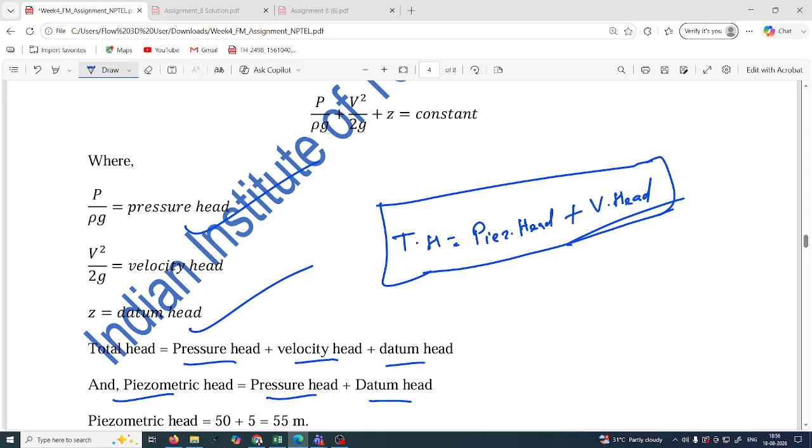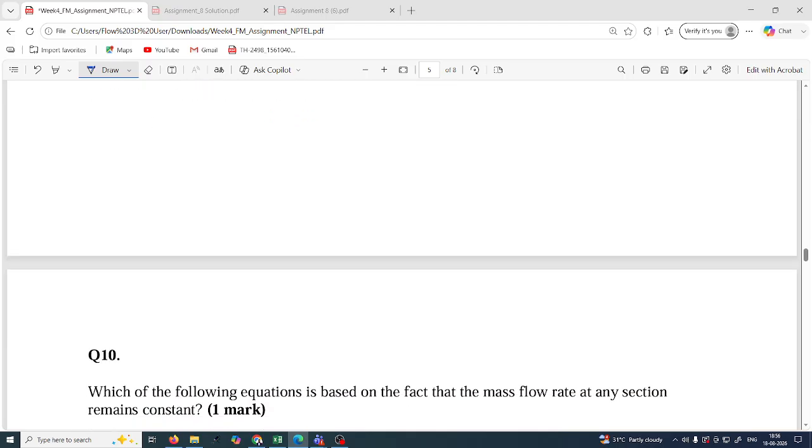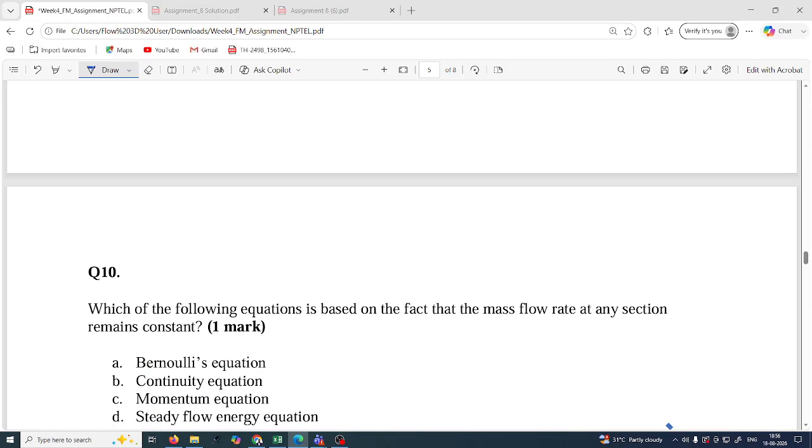Now the next question is question number 10. Which of the following equations is based on the fact that the mass flow rate at any section remains constant?